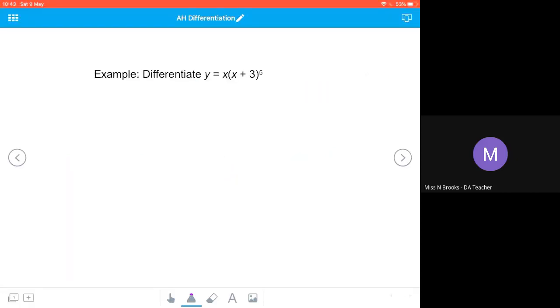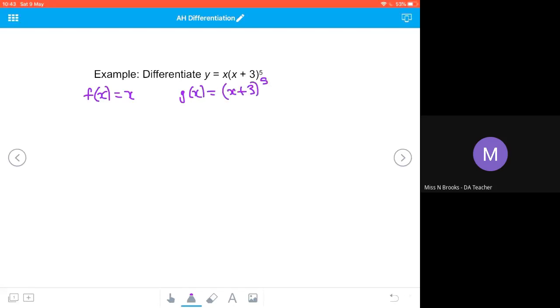So the first example, we're going to use functional notation, and we're going to differentiate y equals x upon x plus 3 to the power of 5. So the first thing we want to do is state that f of x is going to equal x, and g of x is going to equal x plus 3 to the power of 5.